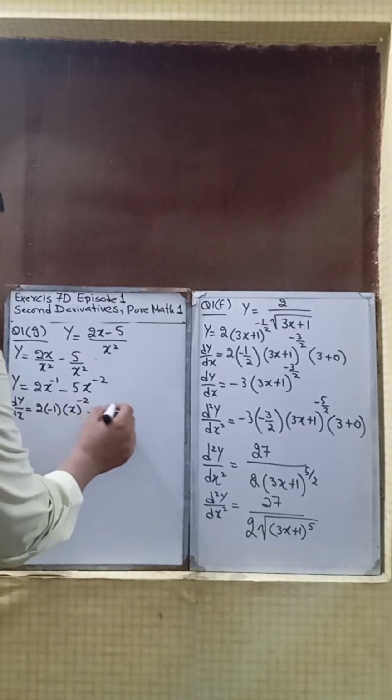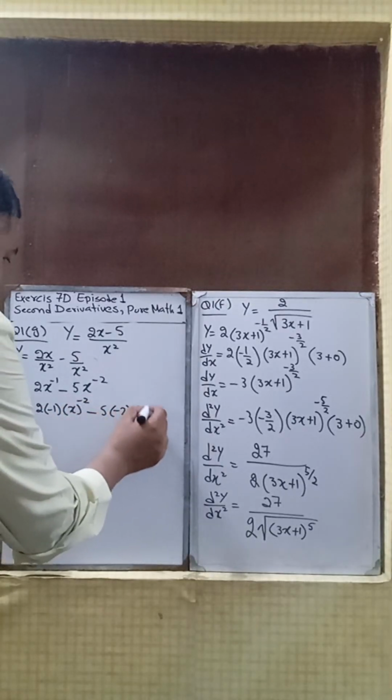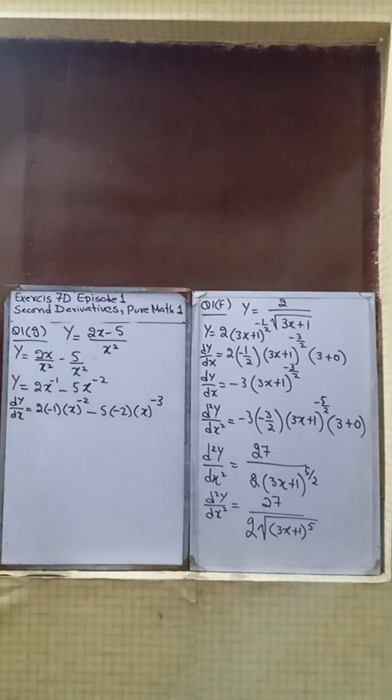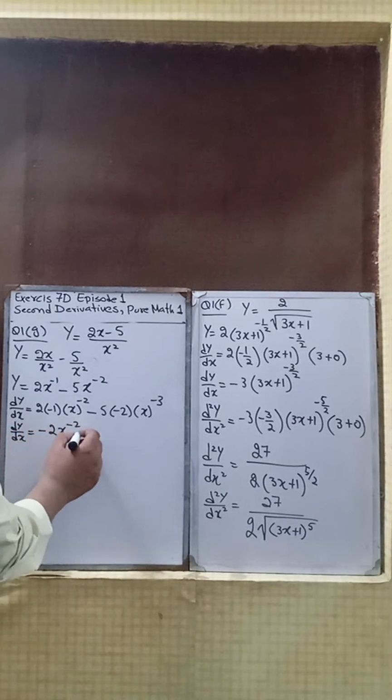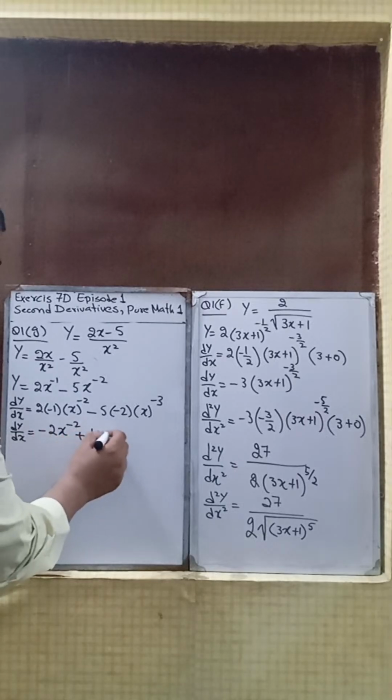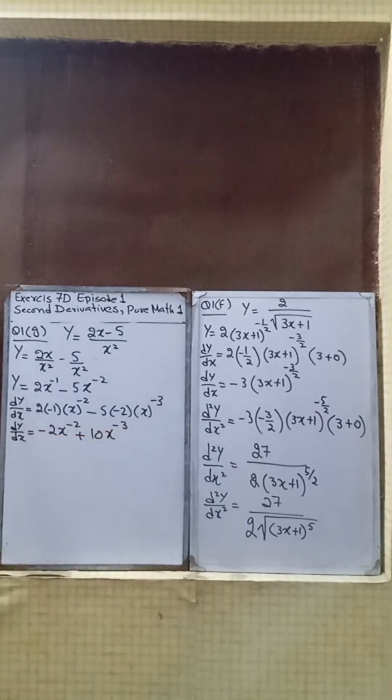Then we have minus 5 into minus 2 into x raised to power minus 3. So dy by dx equals minus 2x raised to power minus 2 plus 10x raised to power minus 3. So this is my first derivative.